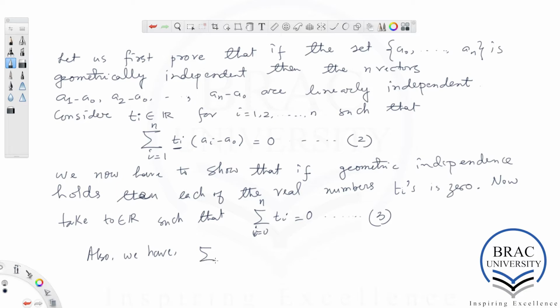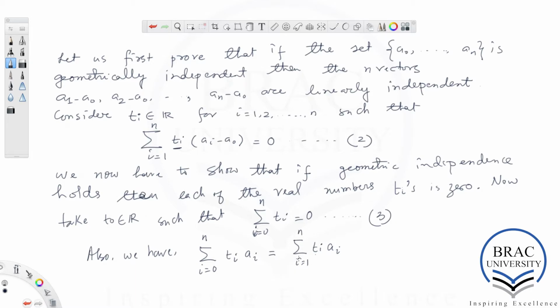Also, we have the sum over i, where i runs from 0 to n, of all these expressions Ti times Ai, which can be decomposed into the sum of all these terms Ti times Ai, where i runs from 1 to n.